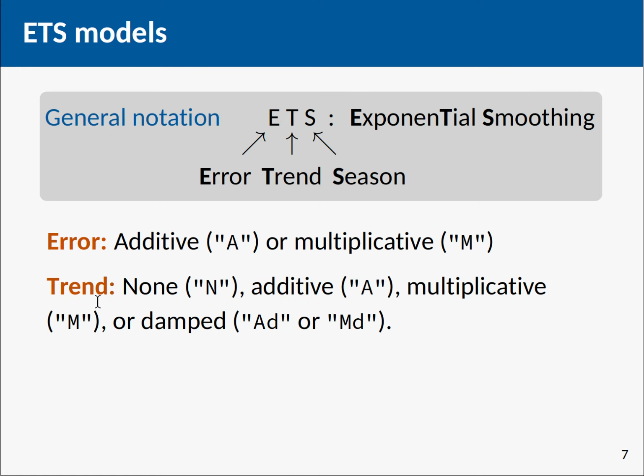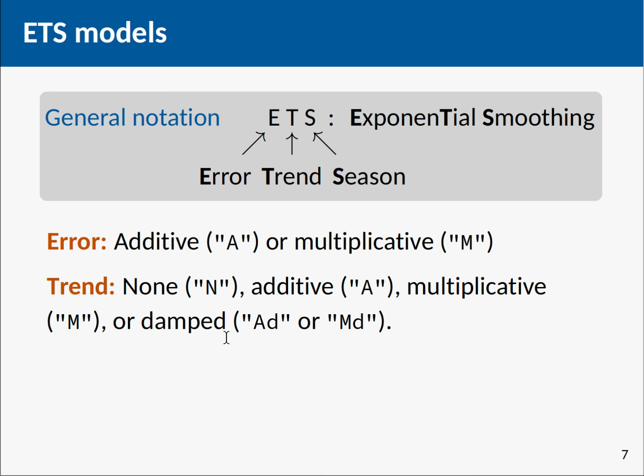The trend for a time series could be none, right? So you could have a time series that displays no trend. So N would denote that. It could be additive, which is going to be denoted by A, and we'll see examples, so wait for that. Multiplicative is denoted by M, or damped.